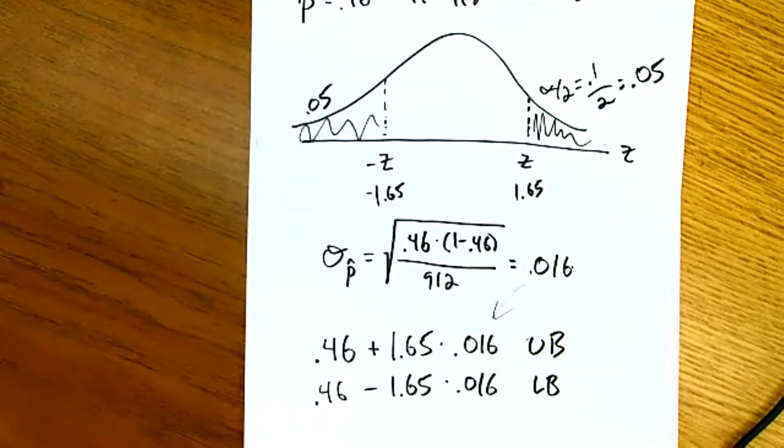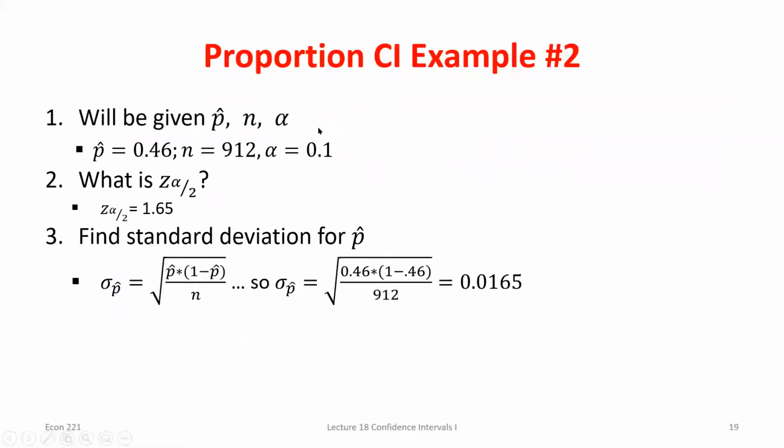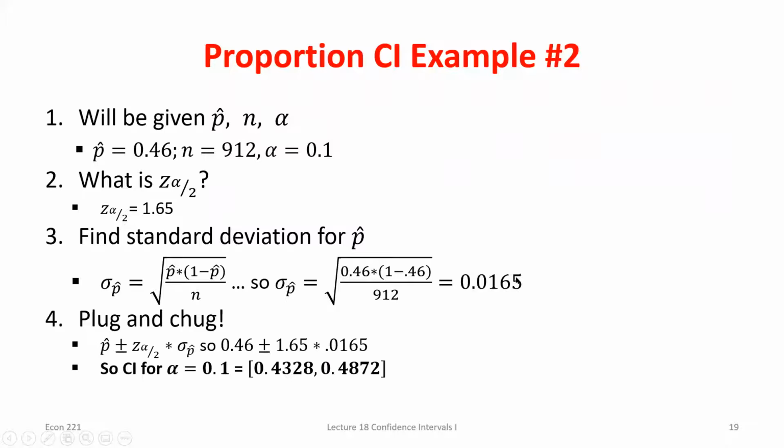Okay. Any questions on that? It's not too bad. So yeah, 0.0165, I plug everything in and I get this confidence interval. Okay. So lower bound of 0.43, upper bound of 0.49-ish, right?